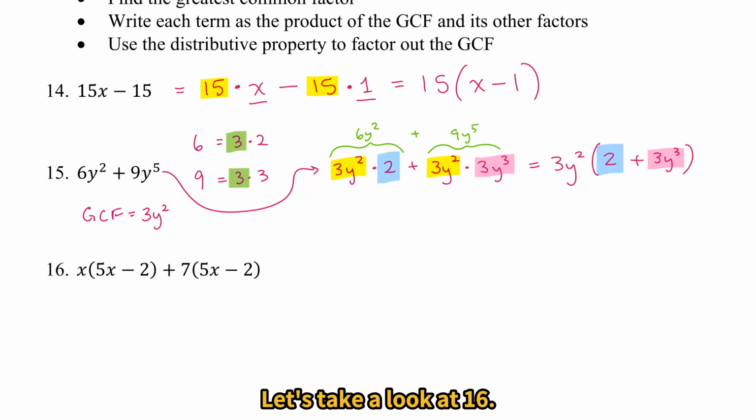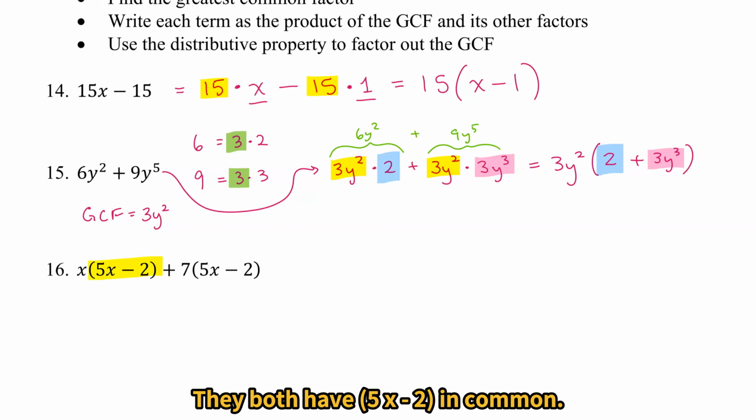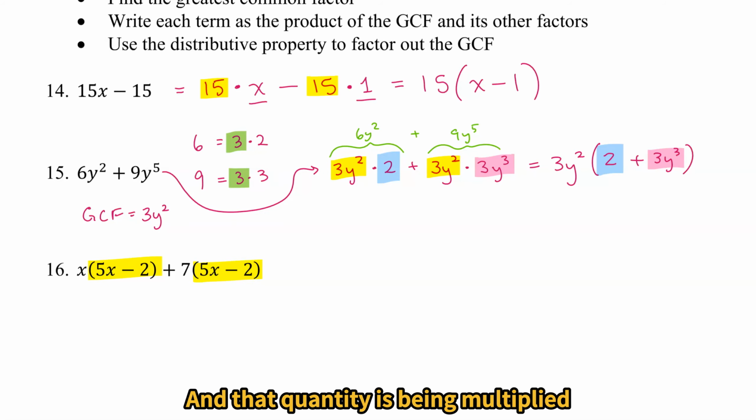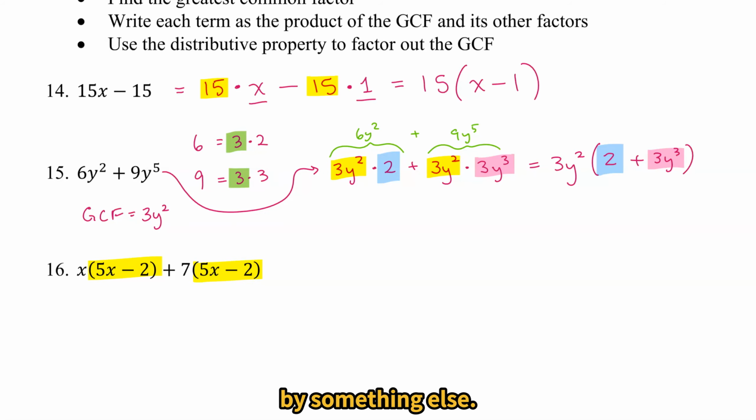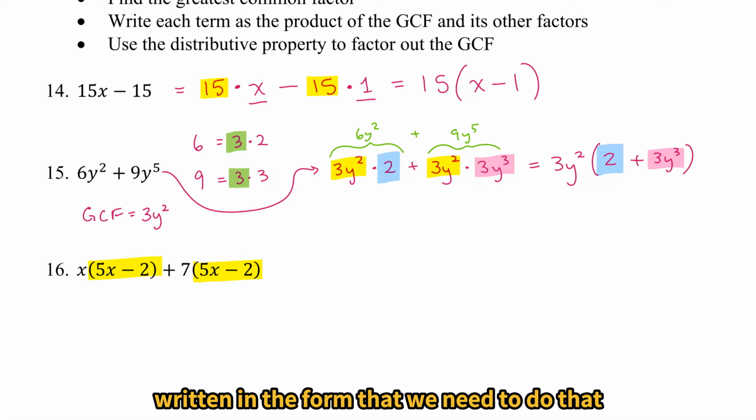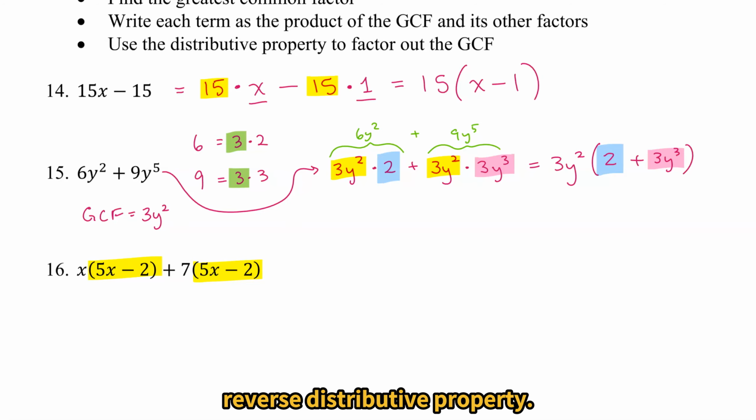Now let's take a look at 16. 16 is different. Even though your impulse might be to multiply it all out, don't do that yet. See what they have in common. They both have 5x minus 2 in common, and that quantity is being multiplied by something else. We already have this problem written in the form that we need to do that reverse distributive property.